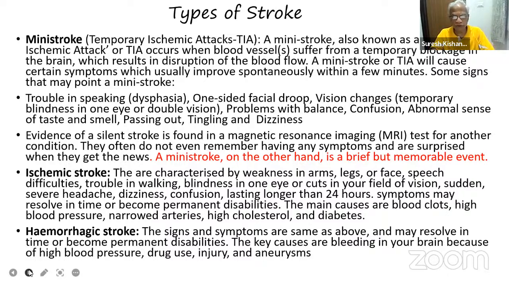Most often, again, the strokes are found only when MRI or scanning is done. Hemorrhagic stroke is the most dangerous one because there is active bleeding, characterized by weakness in arms, legs, speech difficulties, trouble in walking, blindness in one eye. Depending upon the area where the bleeding has occurred, we see signs and symptoms. So hemorrhagic stroke is the worst, I told you. Next, please.